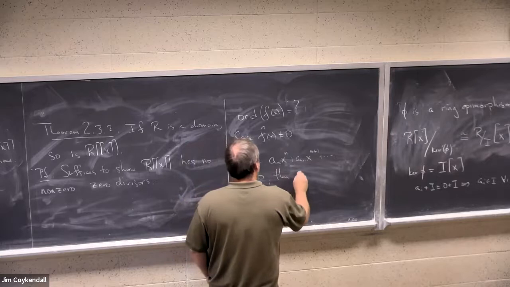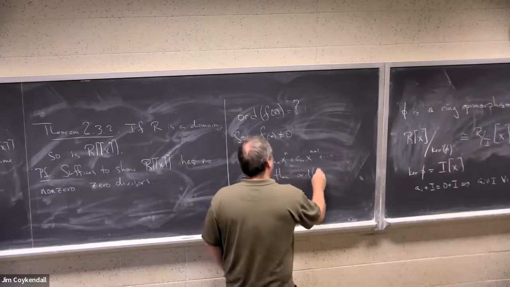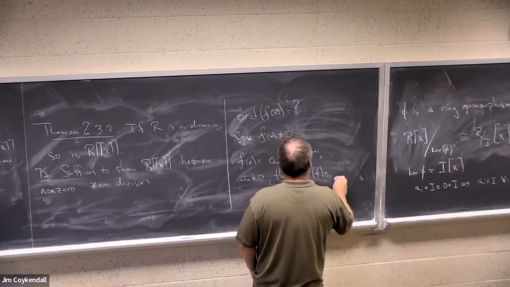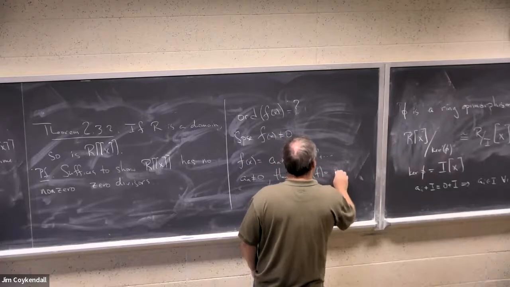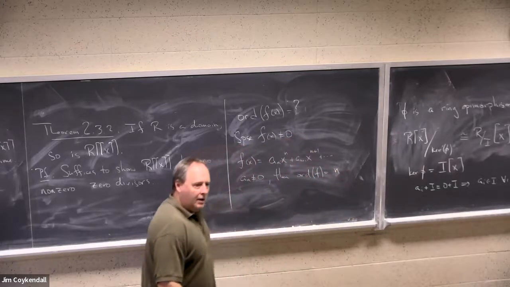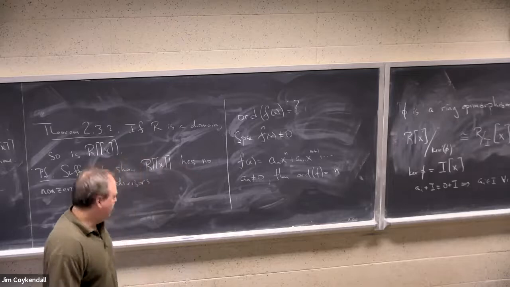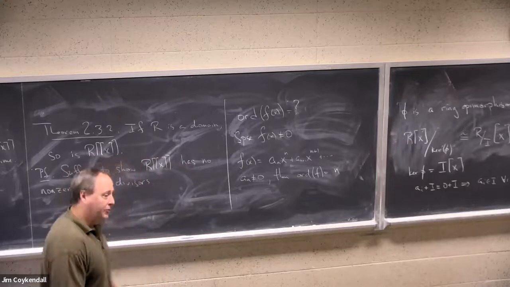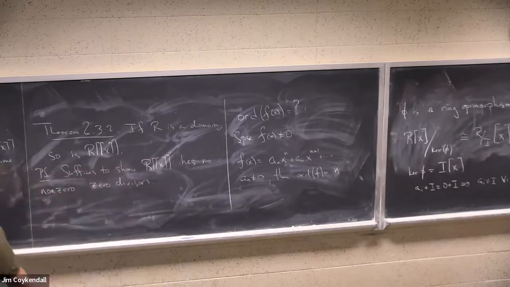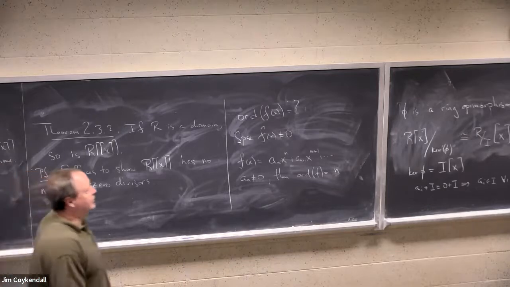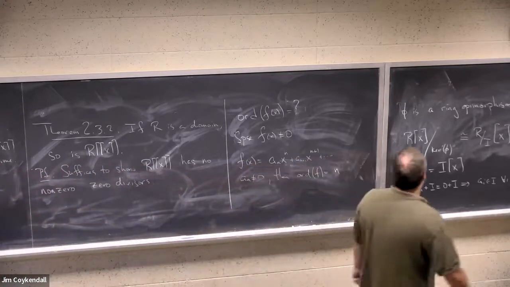Then ord f is equal to n. So instead of being the highest degree term that appears, it's the lowest degree term. For example, if the power series has a constant term, then the order will be zero.